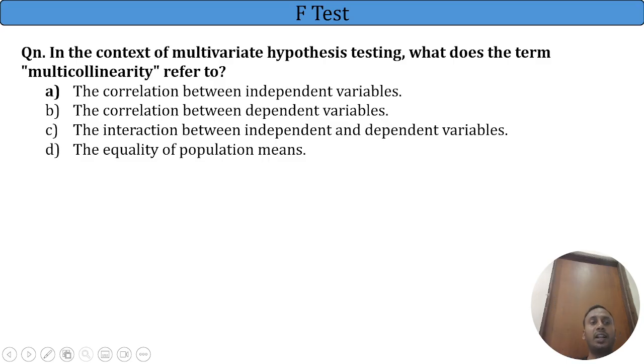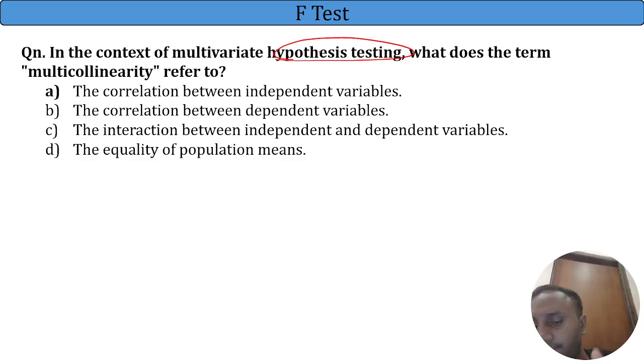So now we'll come to multi-collinearity, the correlation between the independent variables. In the context of multivariate hypothesis testing, what does the term multi-collinearity mean? What do you mean by collinear? Collinear is just something that's going to be on the same line, is it?